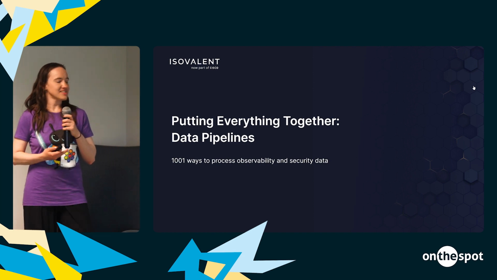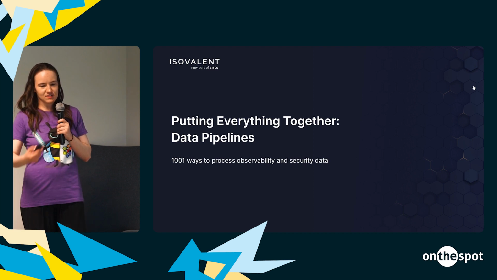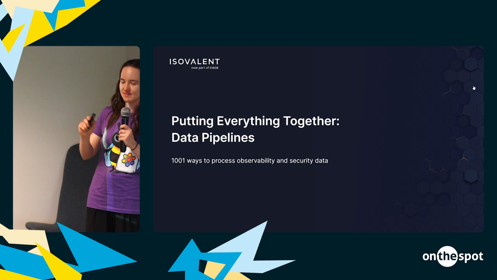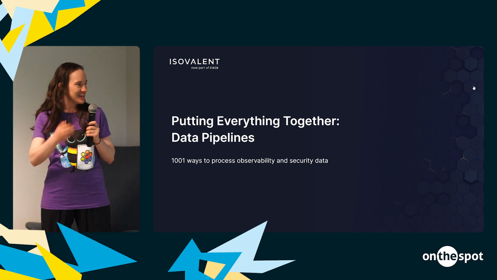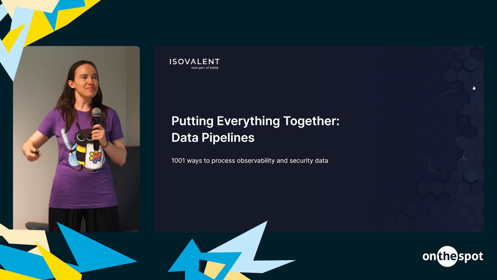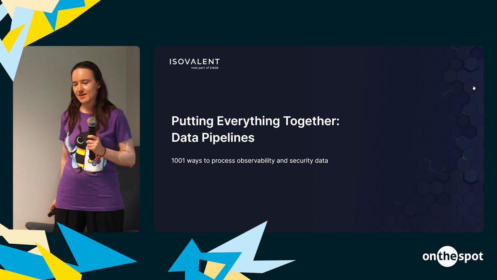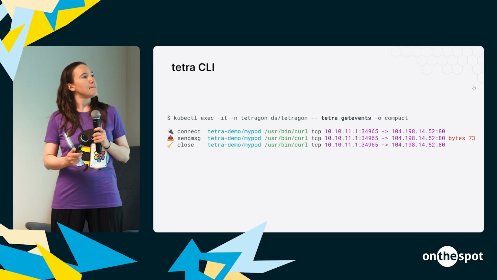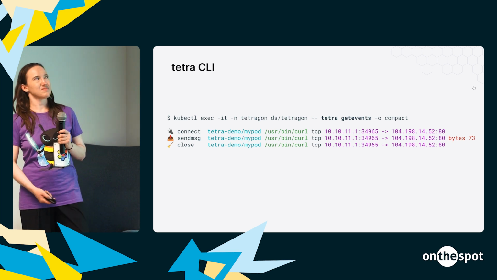Dark side. So this was Tetragon configuration, and now Tetragon produces events. So far, I didn't say what an event is. I will say it now. Tetragon produces telemetry data, which is then processed in a data pipeline. There are a million ways of doing it. But one thing that we show in demos, for example, is the Tetra CLI.